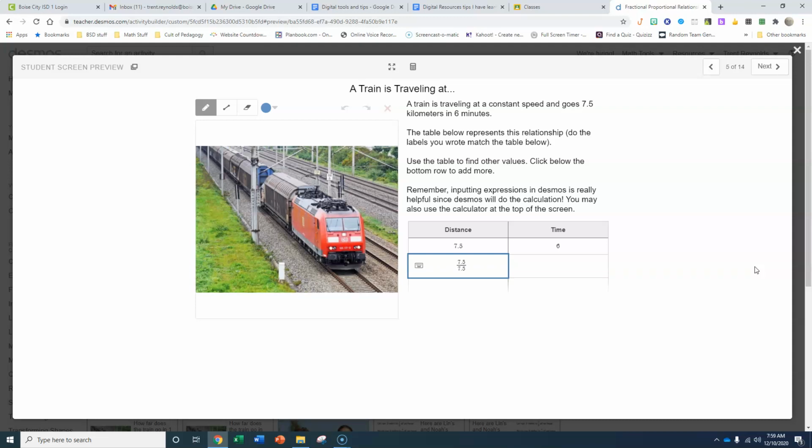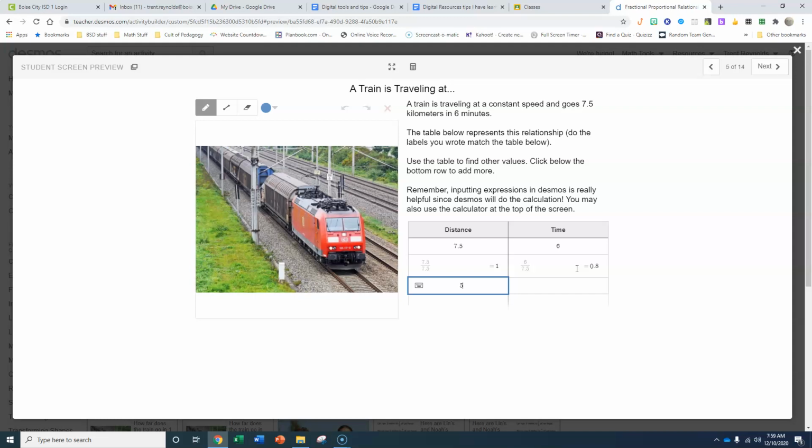7.5 divided by 7.5. That's what I know here, and so I use that to get that. And that means that for this row, I have to take my 6 and divide by 7.5, and I have this 8/10. That's my unit rate. So that's also K. It's my constant of proportionality.